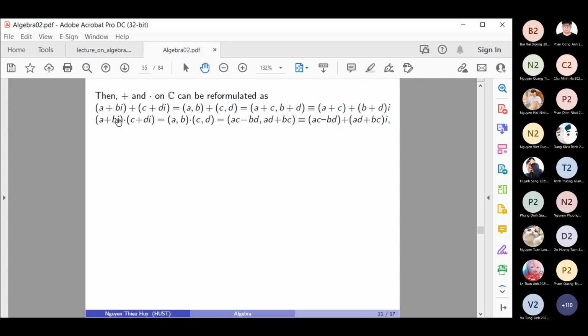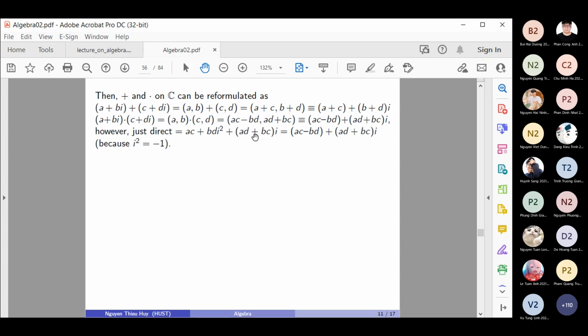You should look at the beginning and take a direct computation here. Compute ac plus a(di), then (bi)(di), which becomes bd i squared because it contains i and i here. And then ad i and bc i, and put i as common factor.